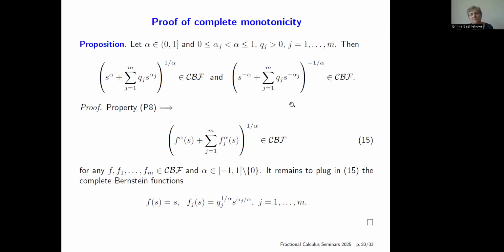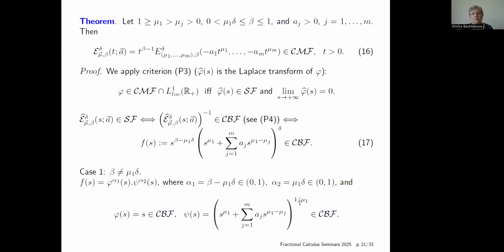And plugging in these complete Bernstein functions. So using this proposition, we can prove the complete monotonicity result concerning our function. Here I formulate it again.